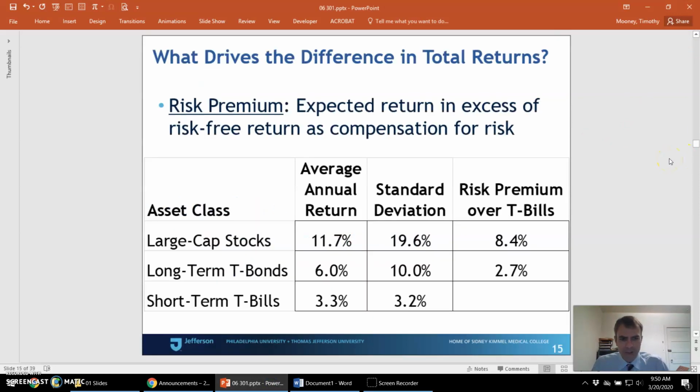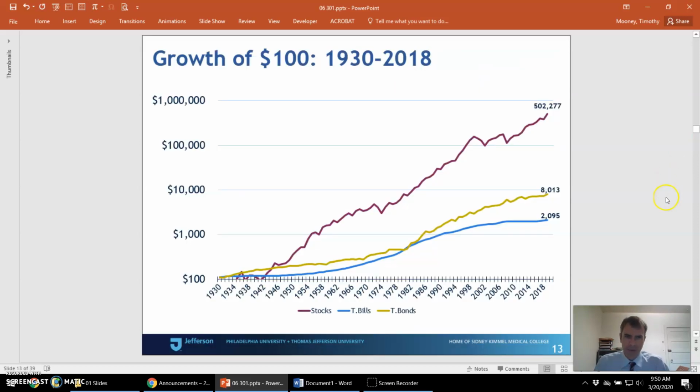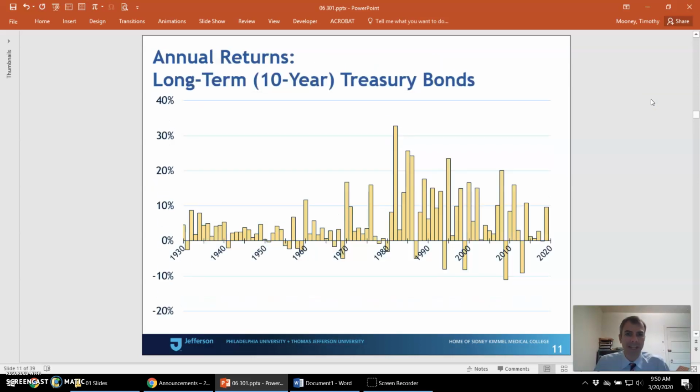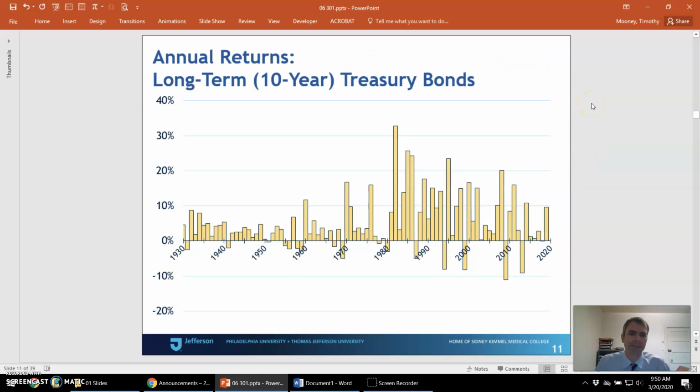All right. So just a little bit of recap from what we discussed before spring break. We saw for three different kinds of investments: short-term treasury bills, right, short-term government bonds, and then longer-term government bonds and stocks. We saw historical returns going back 90 years, and we saw some pretty compelling graphical evidence that the riskiest kind of investment, large cap stocks, the S&P 500, grew the most on average, right?